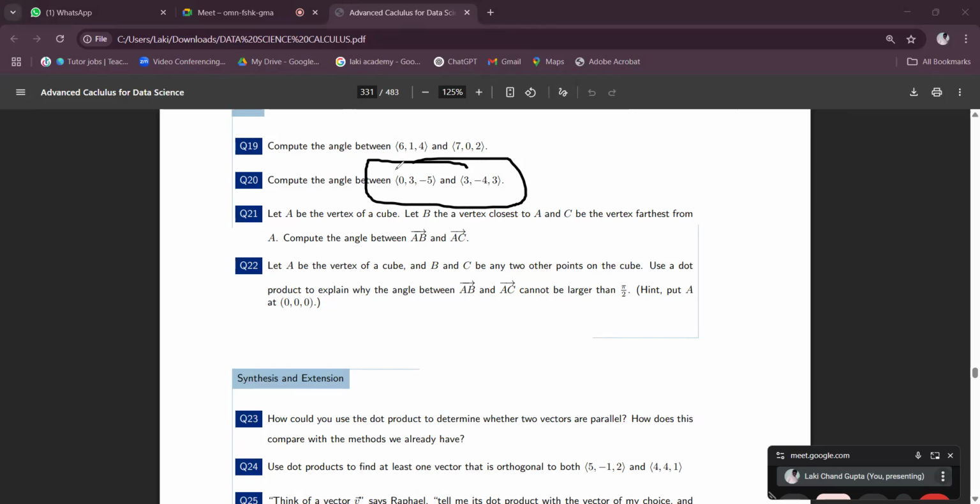U multiplied by v is 0 multiplied by 3 plus 3 multiplied by minus 4, which is minus 12, minus 15, minus 27, over the square root of 9 plus 25 multiplied by the square root of 9 plus 16 plus 9. Am I doing the right thing?